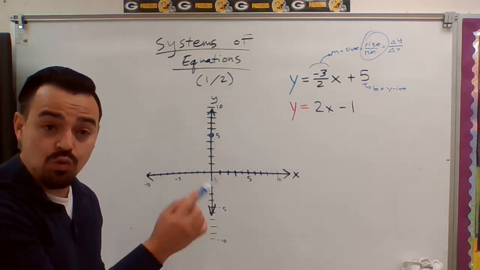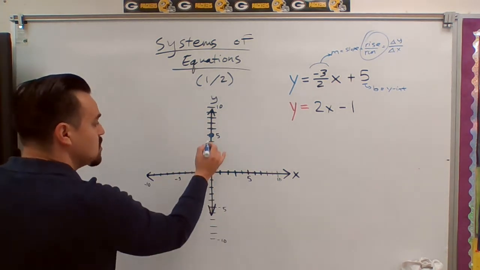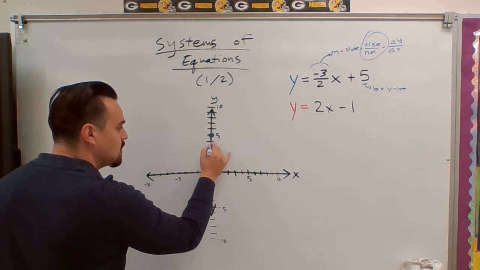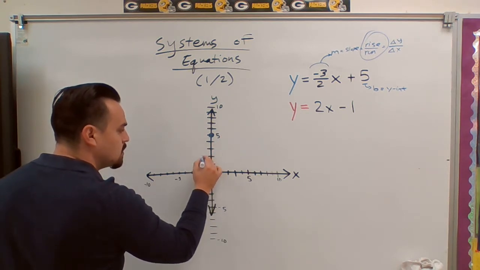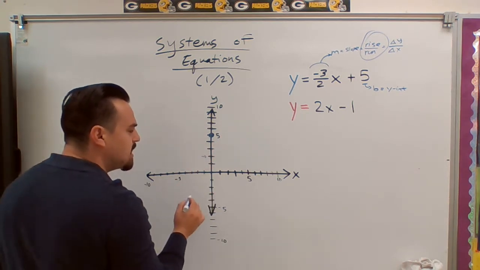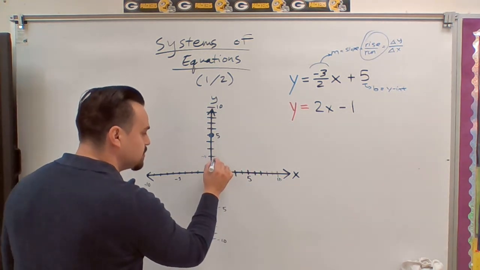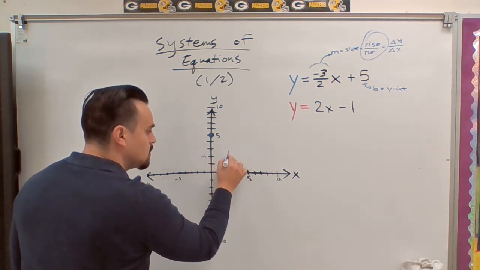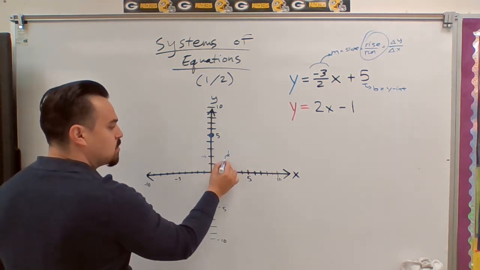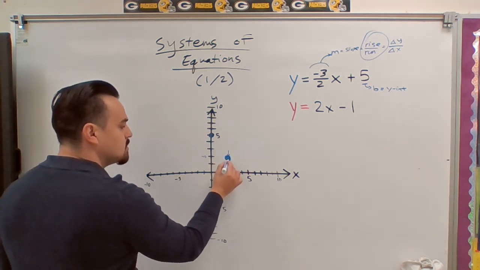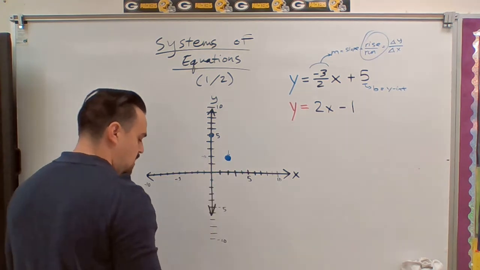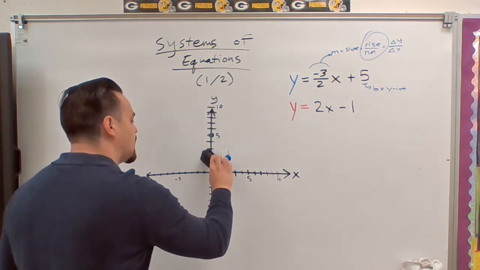Rise over run. So what is my rise? In this case, it's negative, so I'm going to go down 3. 1, 2, 3. Right there. And then I'm going to go over positive 2. So 1, 2. Right there. So this is where my second point is going to go, and that's all I need to plot this line.